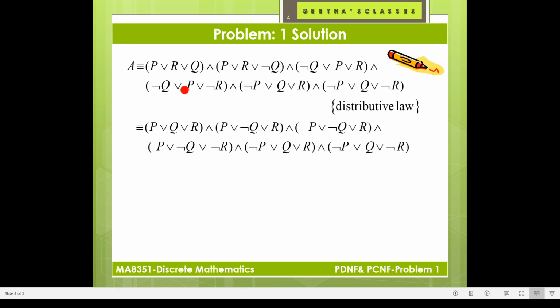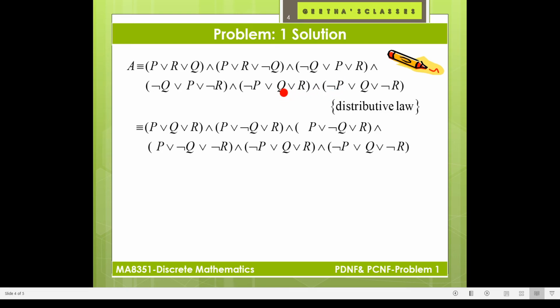Similarly for all the terms. So you are having 3 terms in the previous step. So here you are getting 6 terms in the next step, right? So for the first expansion of distributive law, you are getting these two terms. In the second expansion, introducing R and not R, we are getting these two values. The last R and not R, we are getting these two values.